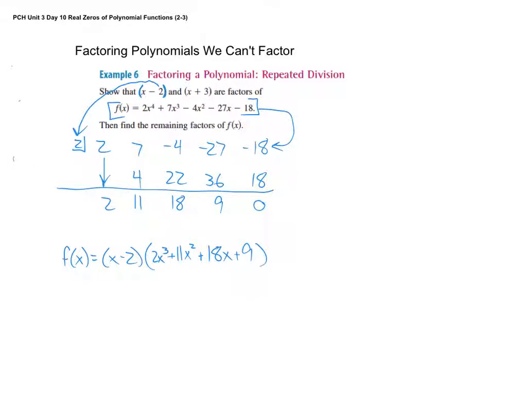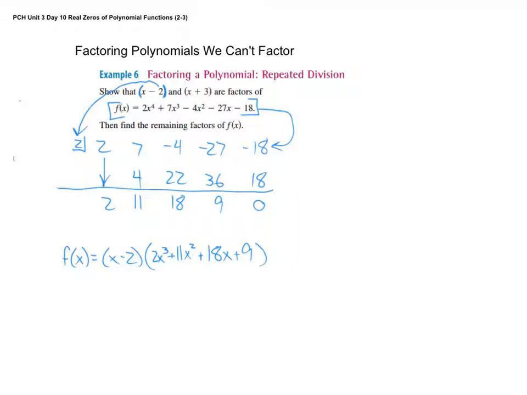Since it came out to be 0, I know it is a factor. And what's left over is the other factor, okay? I know x minus 2 is a factor. And the leftovers down here, the 2, 11, 18, 9, give us the polynomial that is the other factor.